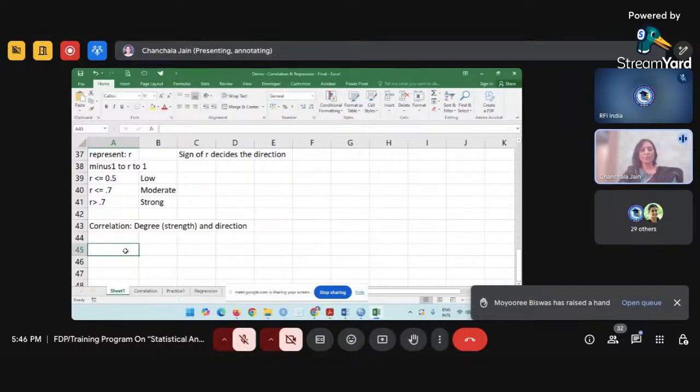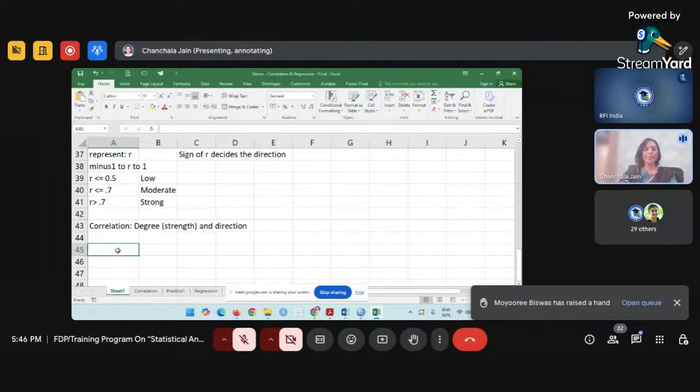Whereas when we have seen till now, when we talk about ANOVA, etc., we are getting the significant value, that is the P value. If we are getting the P value, we are able to comment on the significance of the statistic, that is the T statistic or the F statistic. But when we talk about correlation, that is the small r value, here you cannot comment whether the value is significant or not.